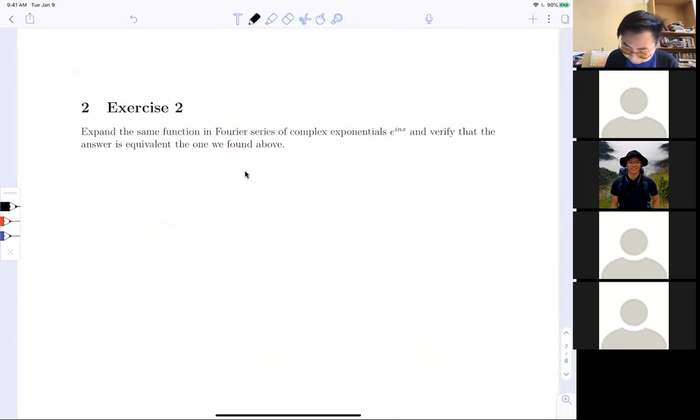So another thing is to expand the same function in terms of this basis. Of course, you can do the same calculation.